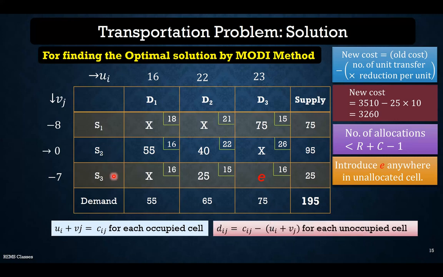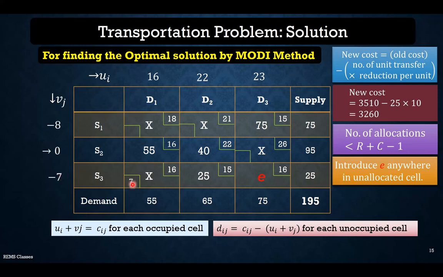So we are going to find the dij value for these 4 cells, 1, 2, 3, 4. If it is 18, then the sum of these two is 8, so this will be 10. This is 16, and the sum of these two will be 16 minus 7, that will be equal to 9, and 16 minus 9 will be 7.